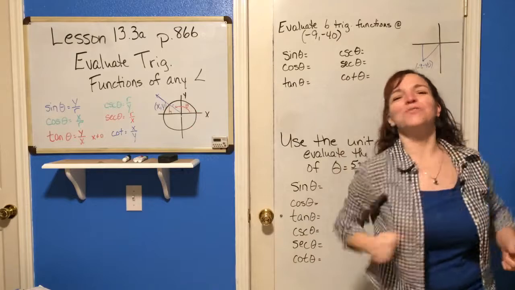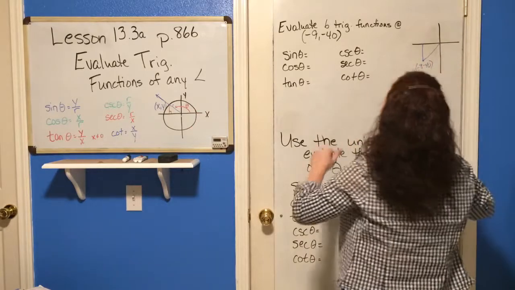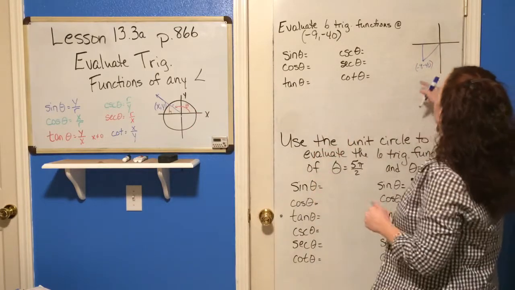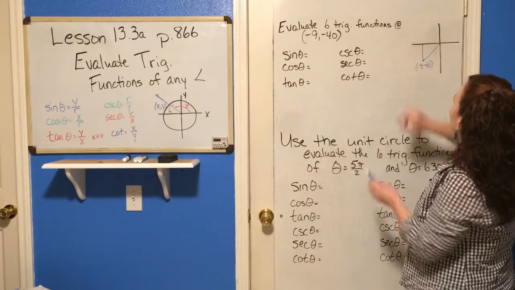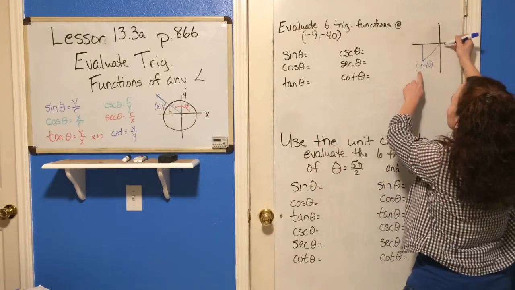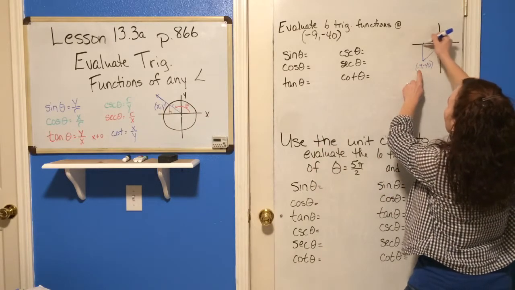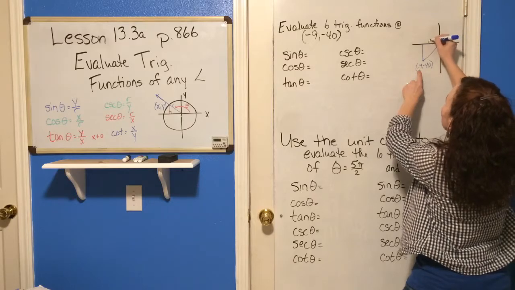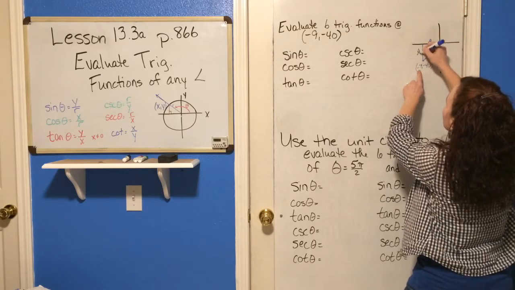Well, guess what? You know how to find it because of good old Pythagorean. We know that x is -9, so this side is -9, and this side is -40.